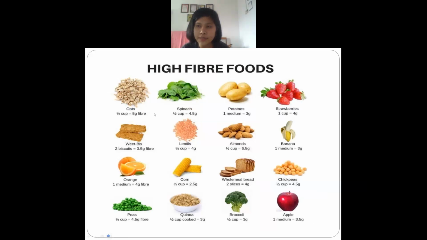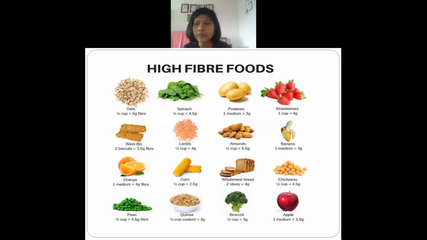Okay. Next is they should maintain their diet, like they should have high fiber foods. High fiber foods mostly help us with constipation, and they also help in maintaining our weight.